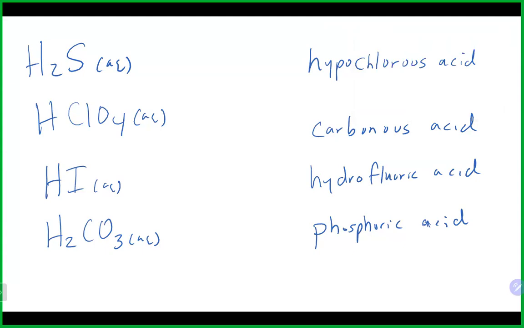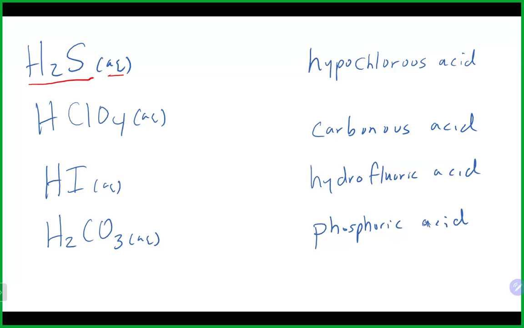Okay, so since we're getting to the end here, with a few more minutes, let us go through it together to make sure you understand how we get to our answers. Looking at this first one, I see it's an acid, I see hydrogen, I see the aqueous symbol. The thing I want to look at first is oxygen or no oxygen. In this case, there is no oxygen.